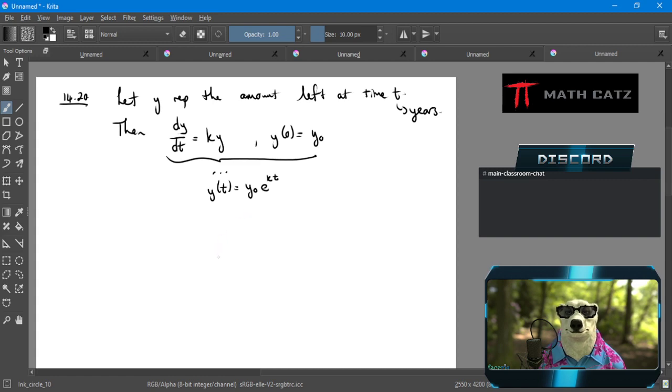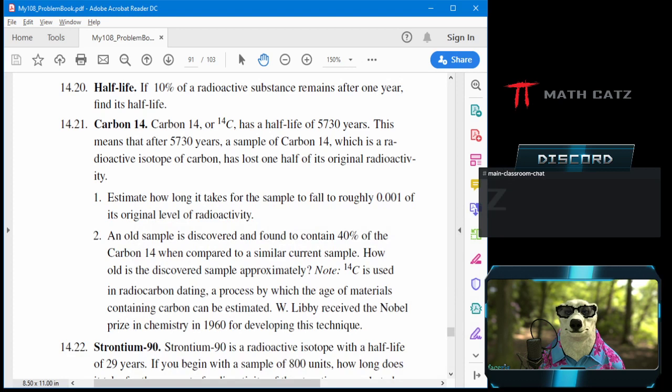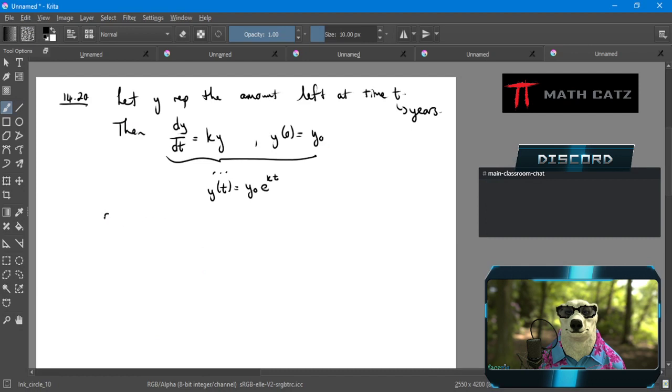So now they give me the information that 10% of the radioactive substance remains after 1 year. So, extra information. After 1 year, we have 10% of the initial amount. So that then goes in here for 0.1 y0 equals y0 e to the kt.